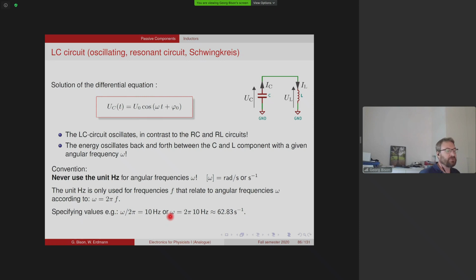Or you can specify that omega is equal to 2 pi times 10 Hertz. Multiplying this with 2 pi is then equivalent to something like 62 inverse seconds. Okay, so there's a factor of approximately 6 that can be wrong, and if you find somewhere that the factor 6 is missing, it's probably that you have forgotten to either multiply or divide with 2 pi.